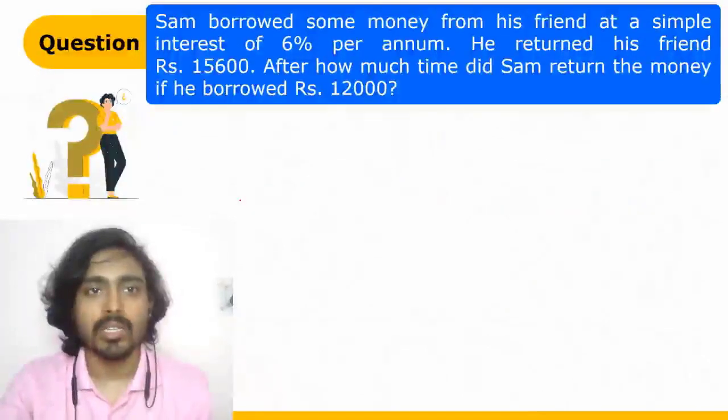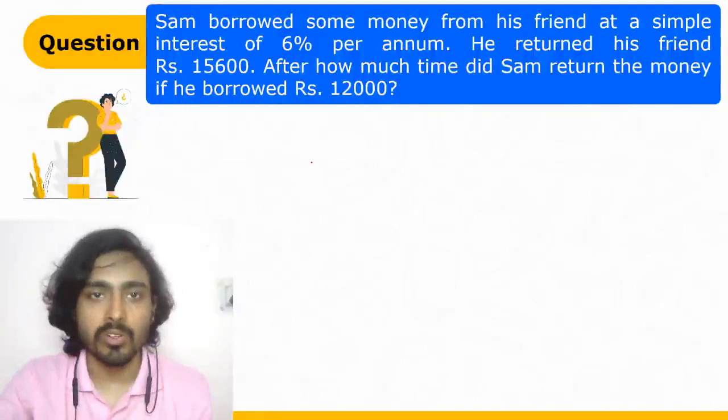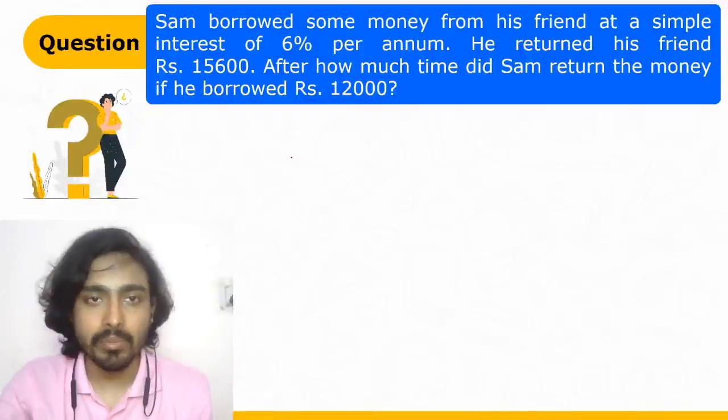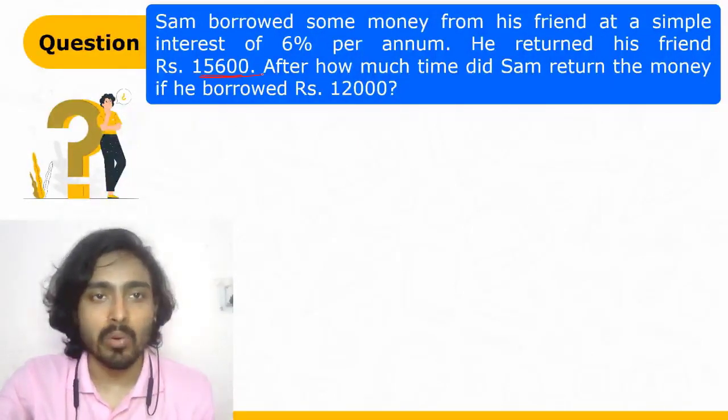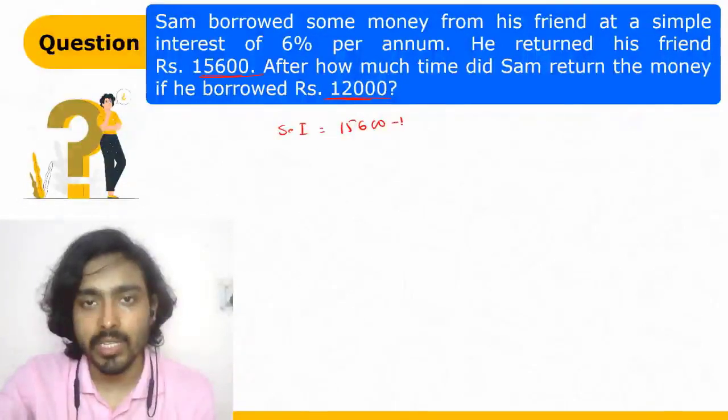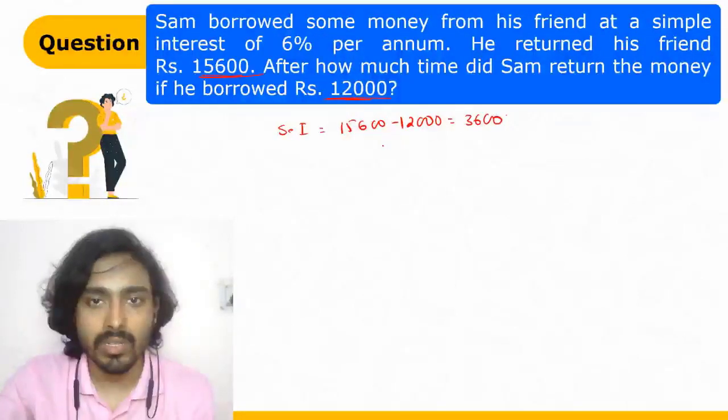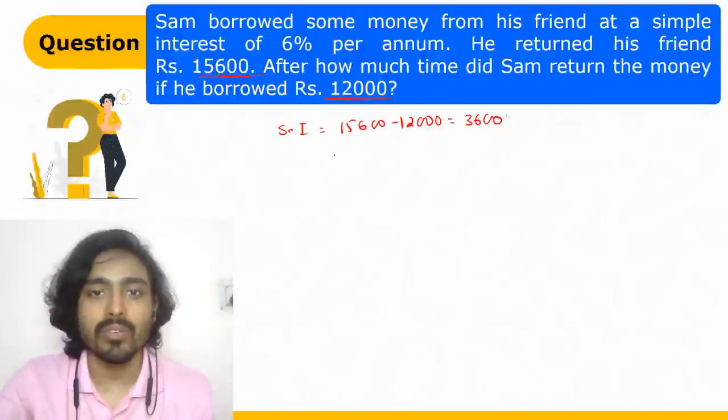Let's move ahead. So in this question, Sam borrowed some amount of money and we have to find out the time. Okay, so this is the final amount and this is the principal. So the simple interest would be 15,600 minus 12,000, that is equal to 3,600 and we have to find out the time. So let's apply the simple interest formula.